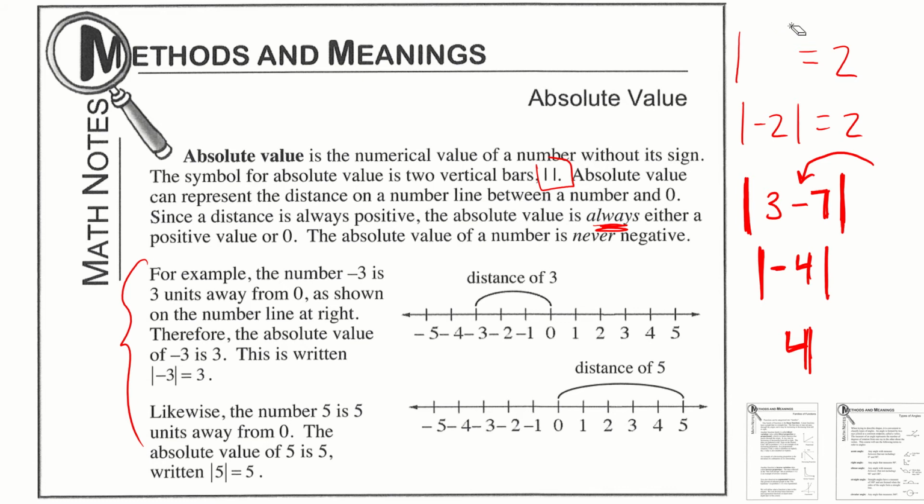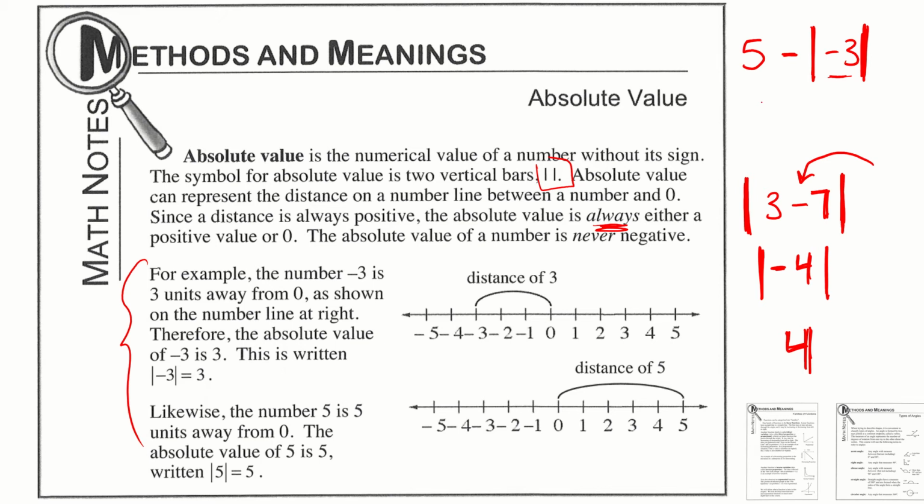Another place where I see some error is if, for example, we had 5 minus the absolute value of negative 3. If we look very closely, there's nothing inside the absolute value to evaluate. It's just negative 3, so I can take the absolute value of negative 3.